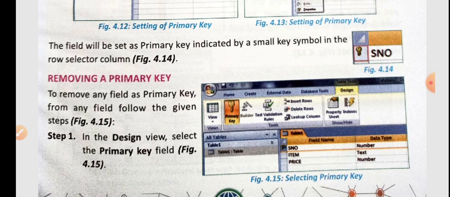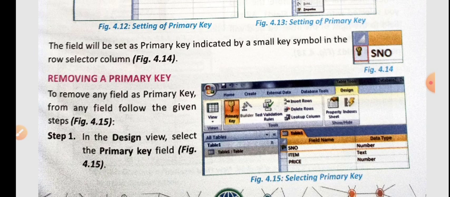Similarly, the primary key is a toggle button. Once you click, a particular field is assigned a primary key, and again if you select the field and click on that button, you can remove the primary key. So the primary key is a toggle button, and you can do it by clicking on it again.